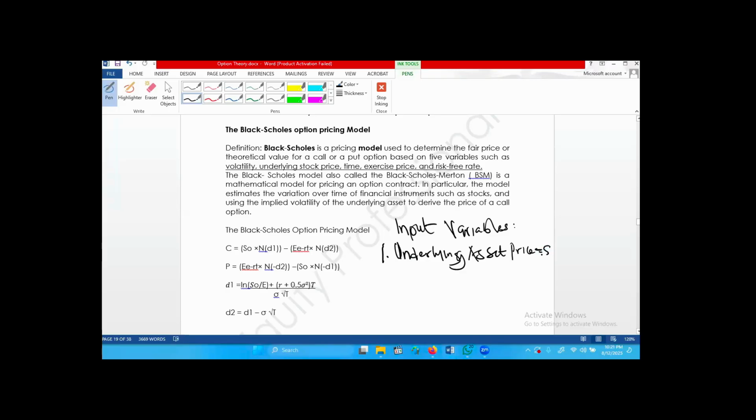This is equal to S0. 2, exercise price. This is denoted with capital letter E. 3, risk-free rates. This is denoted with small letter r.